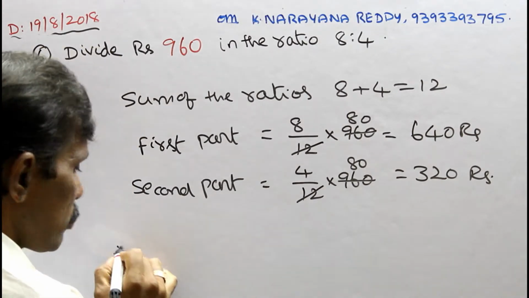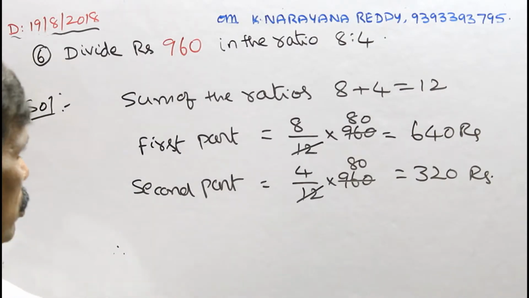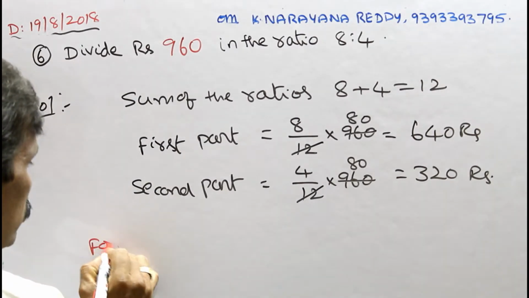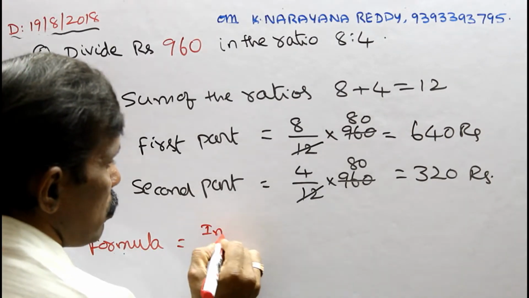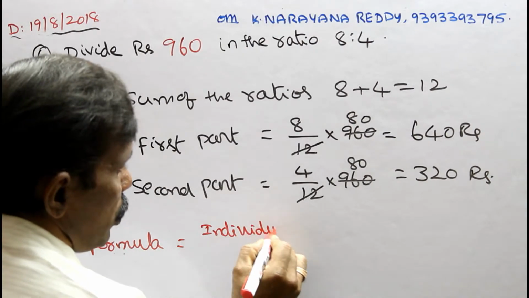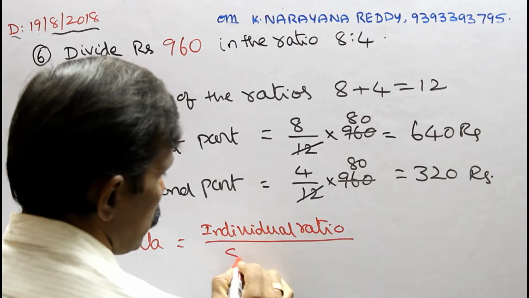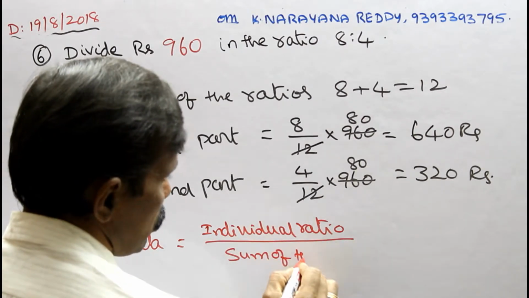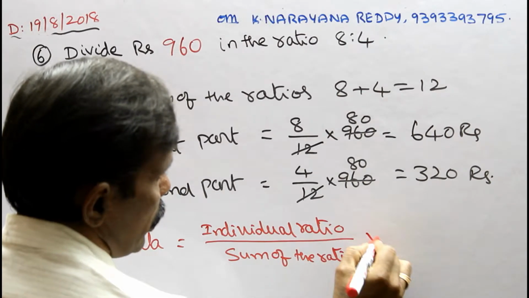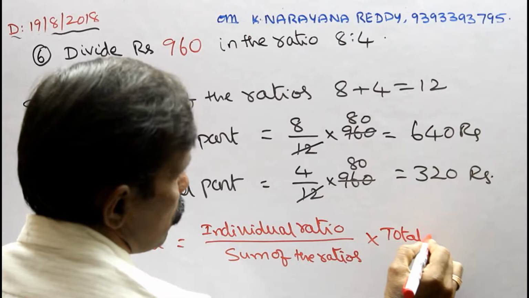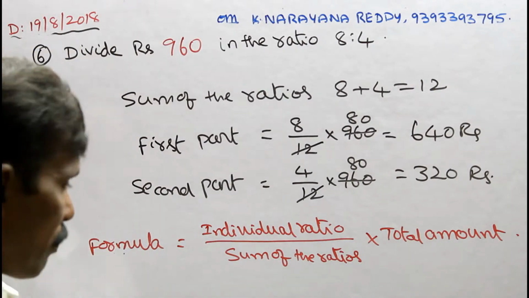So here the formula is equals individual ratio divided by sum of the ratios into total amount. That is the formula. Okay, dear friends.